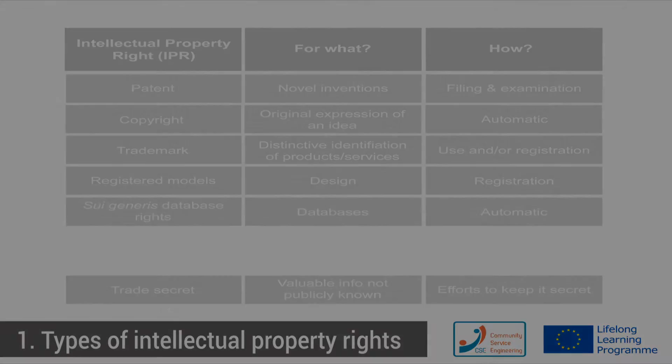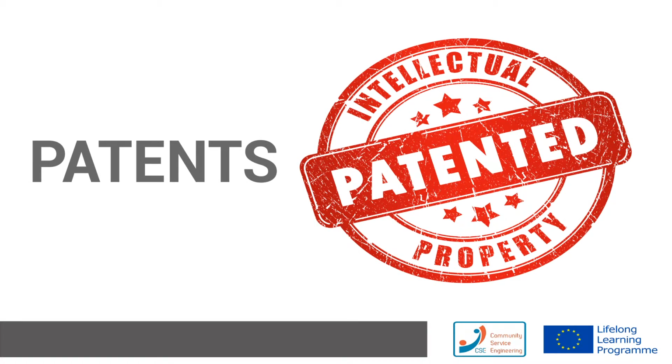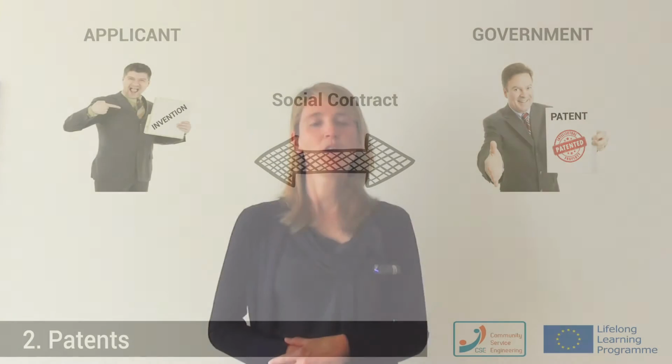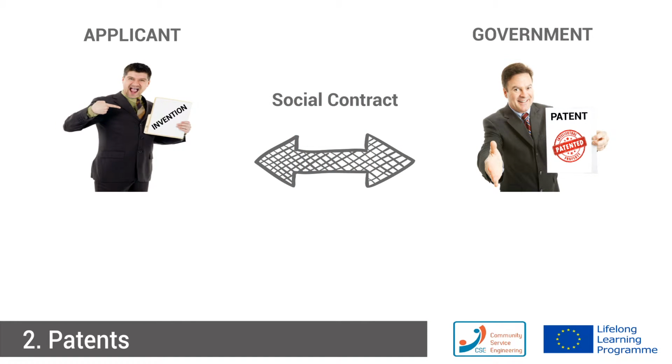We will focus now more on patents, because these patents play a particular role in the technical context, for instance, for pharmaceuticals or for the engineering context. What is a patent? In fact, a patent, you need to look at it as a social contract between the applicant and the government.